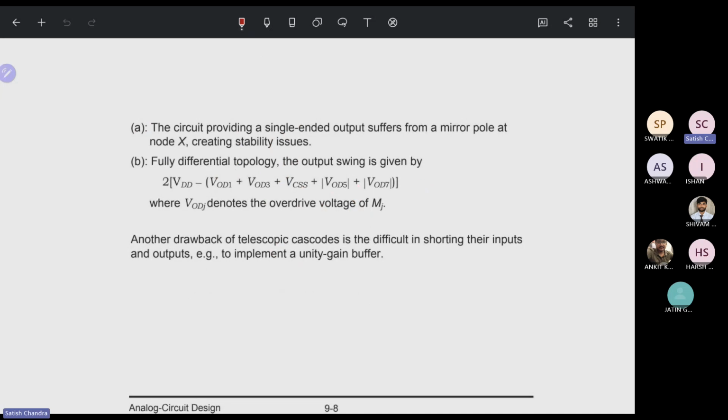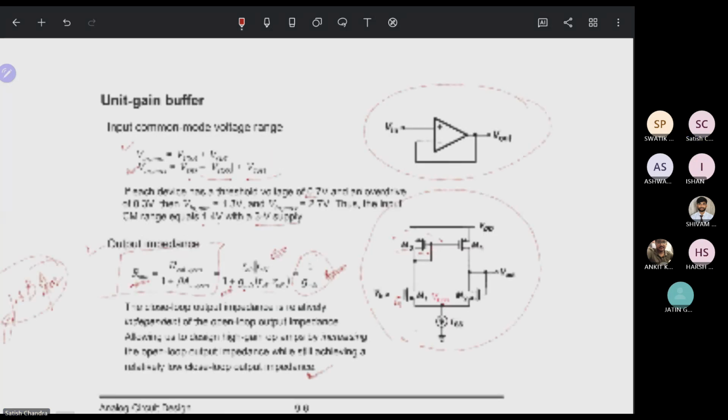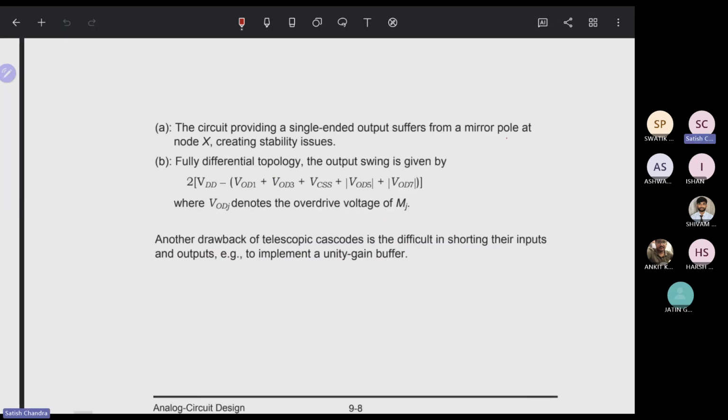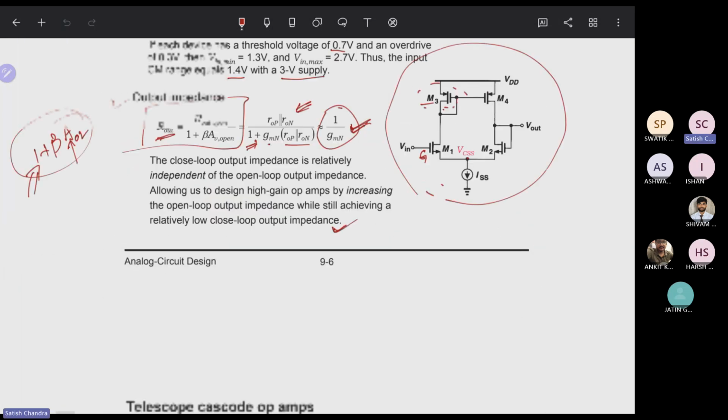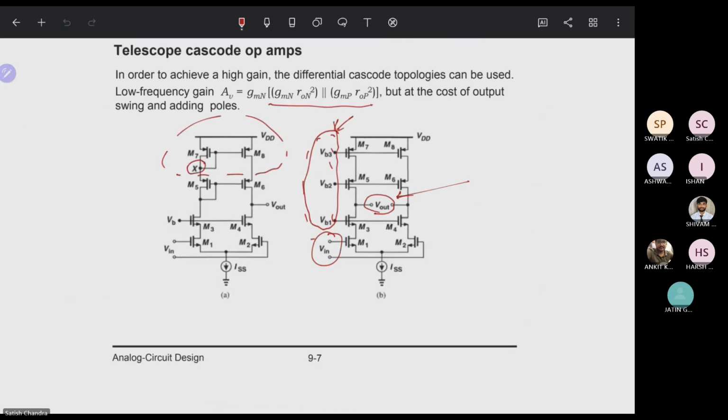Now the circuit providing a single-ended output suffers from a mirror pole at node X, creating a stability issue, since it is a replica.